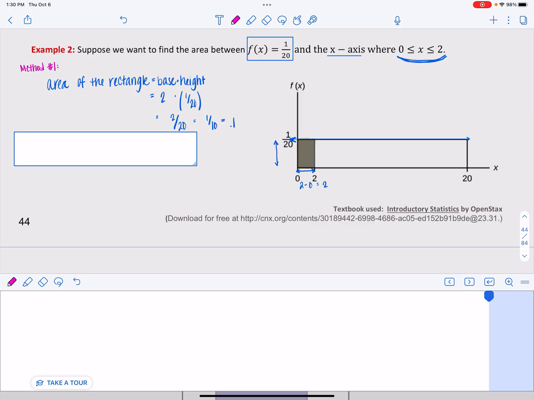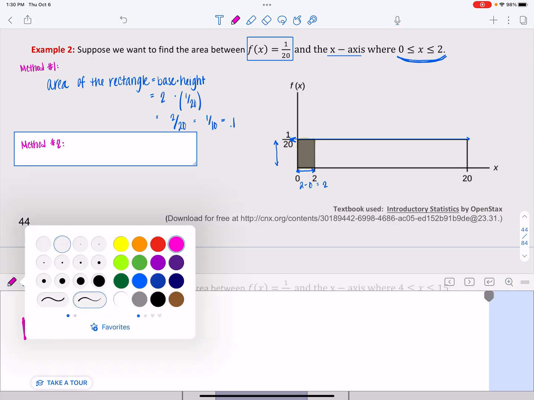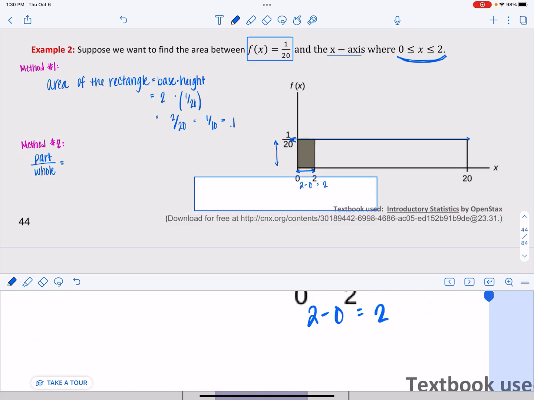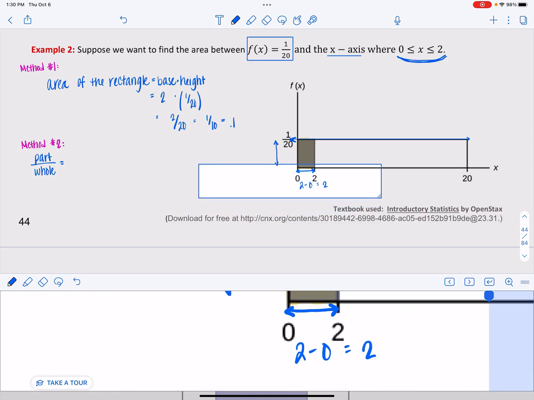I'll give you method number 2. Method number 2, we're going to look at the part divided by the whole. My part is this little base of my rectangle.